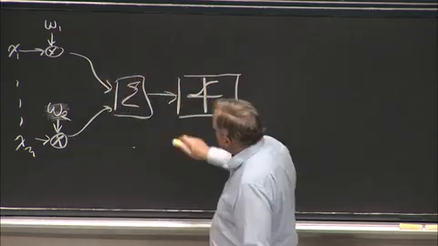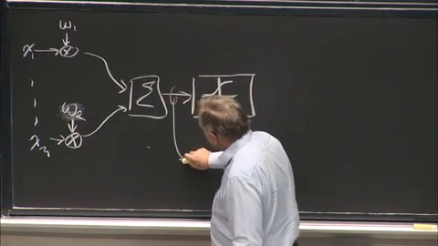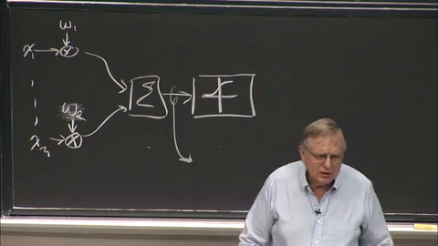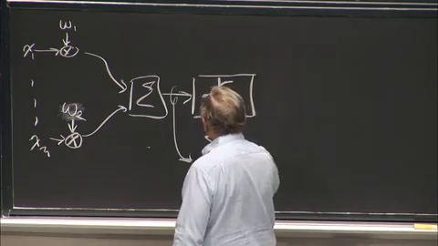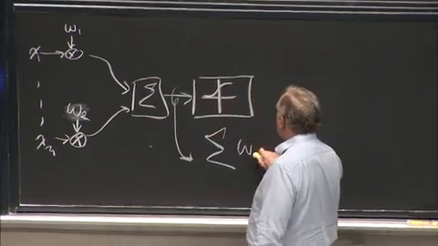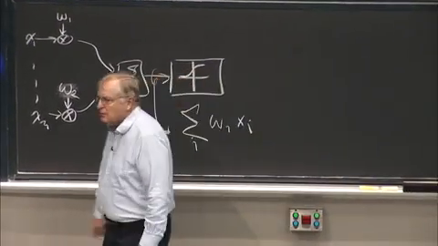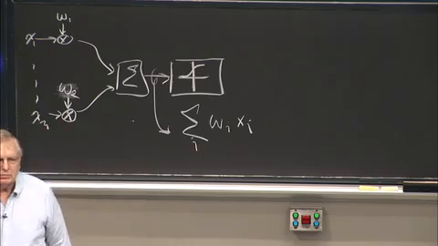But if I ask you to write down the expression for the value we've got there, what is it? Well, it's just the sum of the w's times the x's. What's that?